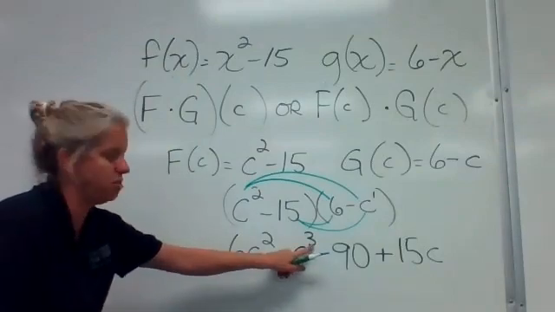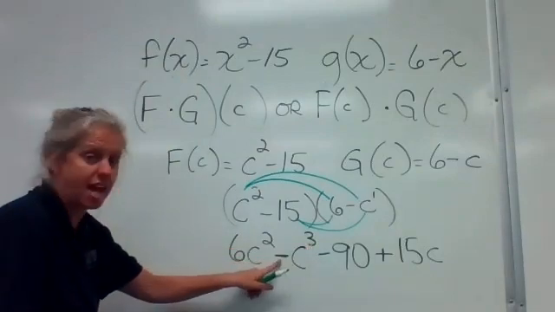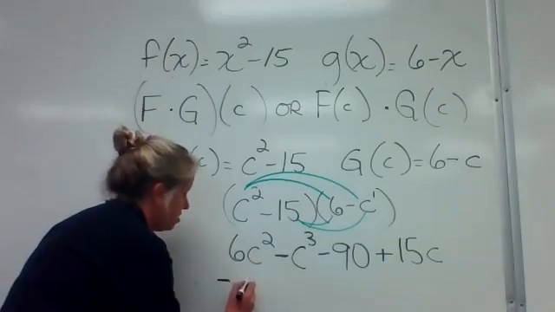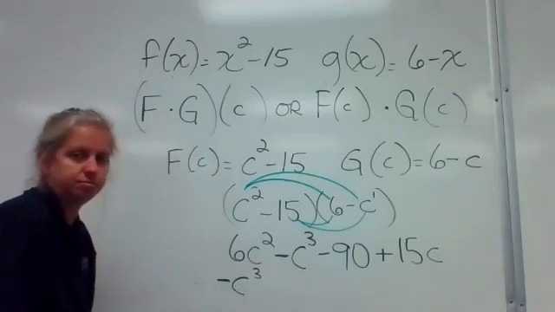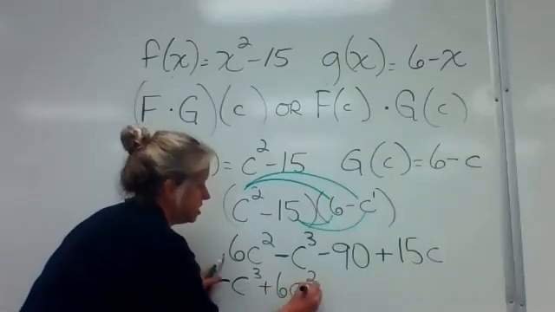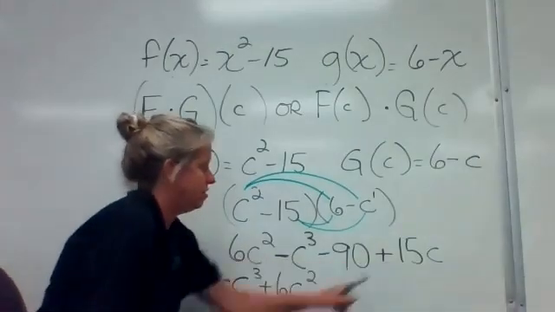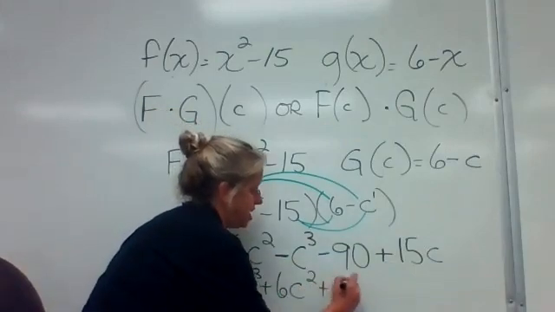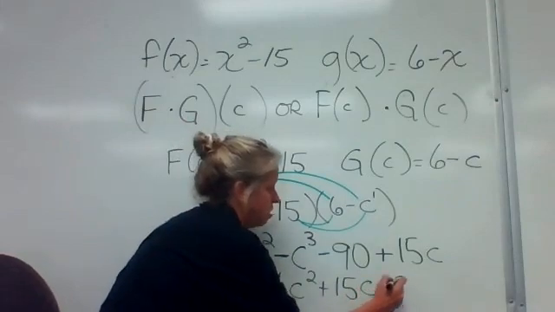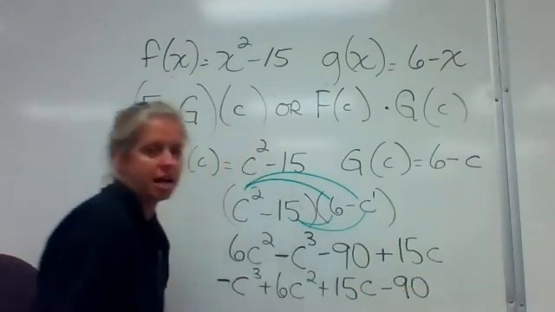So my highest exponent is this c to the third, and it's negative. So when I move it up here, I move it with its sign. So negative c to the third, then my positive 6c squared, then my positive 15c, and then my constant, which is the number that doesn't have a letter, minus 90.